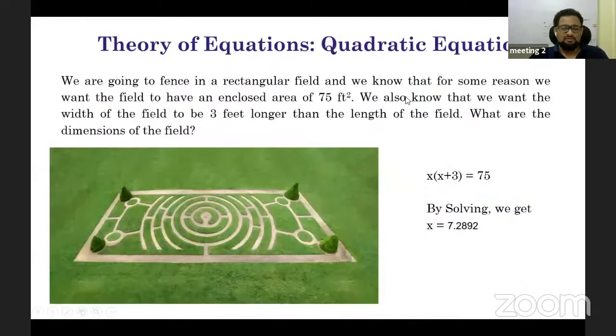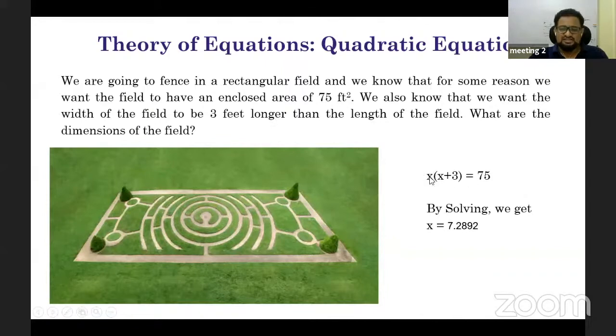Another beautiful example is that you want to design something, say a football ground, which is in rectangular shape. I will just read it because you also have some practical problems after this lecture, where you will learn a lot about how these things are used practically. Here we want the width of the field to be 3 feet longer than the length of the field.